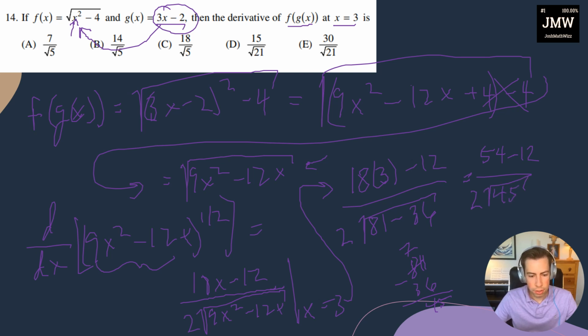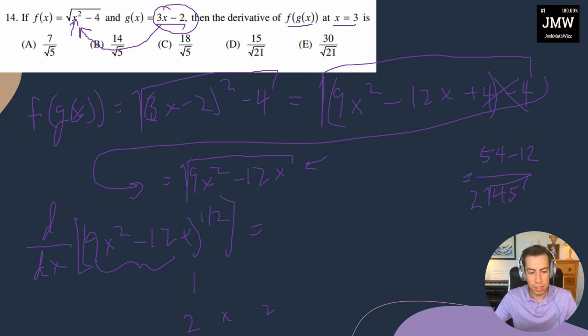That's all good and nice. Let me clear some more space. This is one of those problems that's not necessarily too challenging, but if you make a mistake, you want to be really careful that you don't. So 54 minus 12 is just 42, so I will have 42 divided by 2. The square root of 45 can be broken up as the square root of 9 times the square root of 5, and I know the square root of 9 is 3.